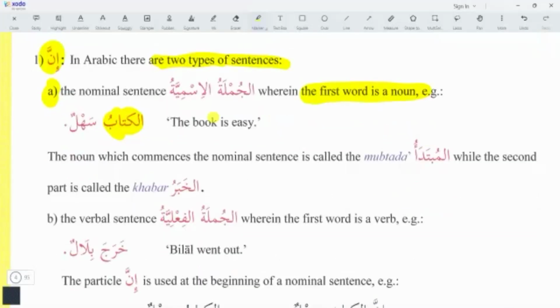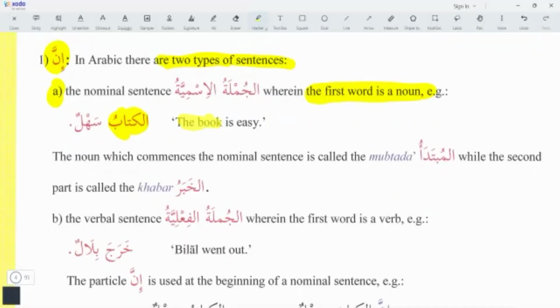Al-kitabu sahlun, the book is easy. So the book, this is the subject, this is the mubtada. And easy is its khabar. Sahlun is its khabar. The noun which commences the nominal sentence is called mubtada, al-mubtada. What is the mubtada?